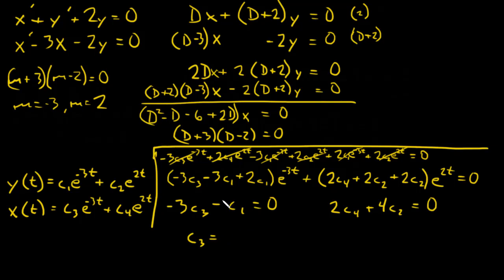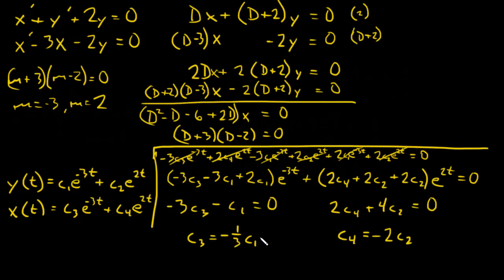Swinging this over, it becomes positive c1, then I divide by negative 3. It's just going to be negative 1/3 c1. Okay, and now for the c4, I do the same thing. c4 is going to equal, swing that over and divide by 2, negative 2 c2.